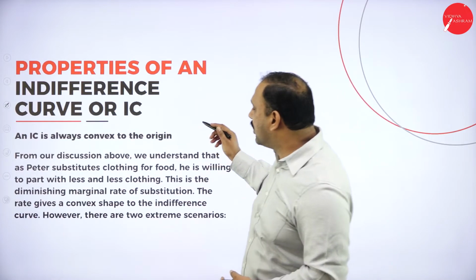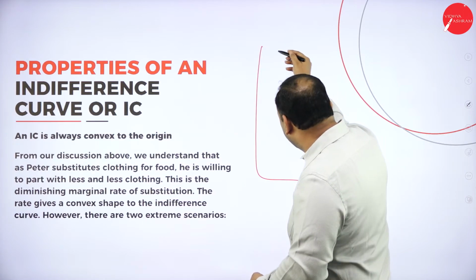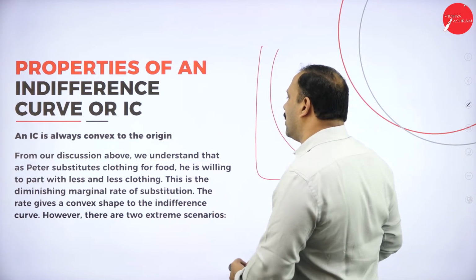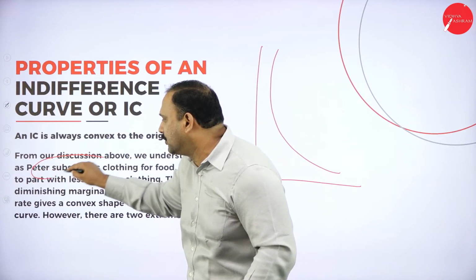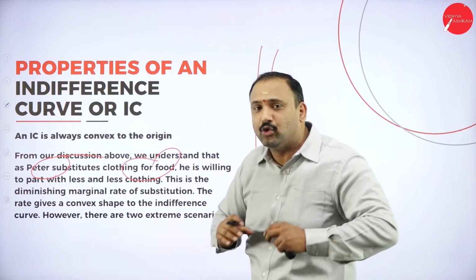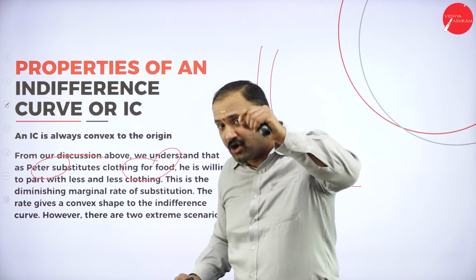Followed by, it is always convex to the origin. You cannot get a curve the other way around. It is always convex, not concave. Why? Because every time Peter, a person who substitutes clothing for food, is willing to part with less and less clothing, for him the priority is food.